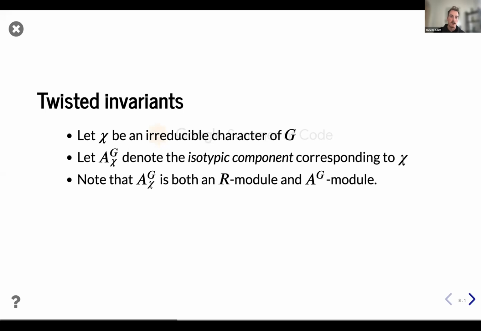And A^G_chi is going to be an R-module just naturally, but it also turns out that this is an A^G-module, and that's something I'd like to implement in the future, the correct coercion between A^G and A^G_chi, so that Sage understands that the module structure is good.